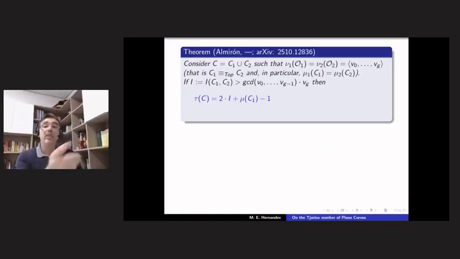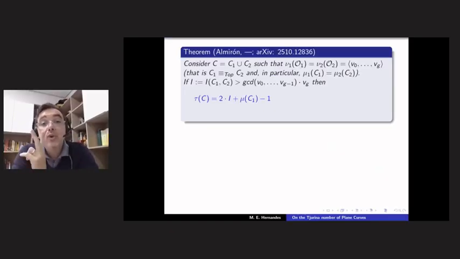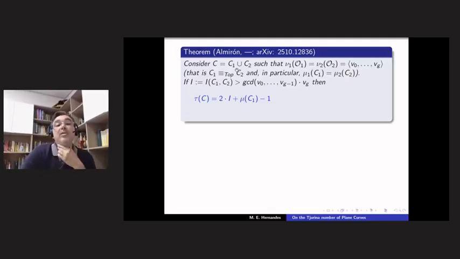For instance, with Almirón, we proved the following result. If you consider a curve with two singular branches, C1 and C2, which have the same semigroup of values, for instance, and we denote the semigroup by v0 to vg. In particular, if the semigroups are the same, the Milnor number of C1 coincides with the Milnor number of C2.